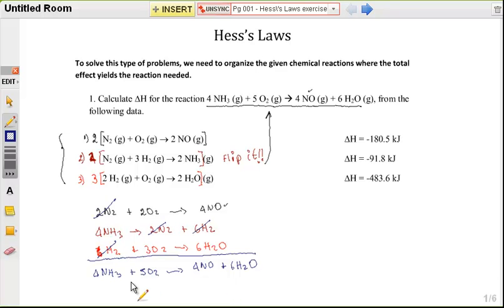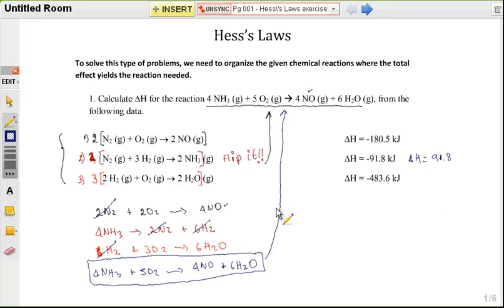Okay, so this equation matches my original equation. One thing here: in my second reaction, because we flipped it, my delta H here will be positive.